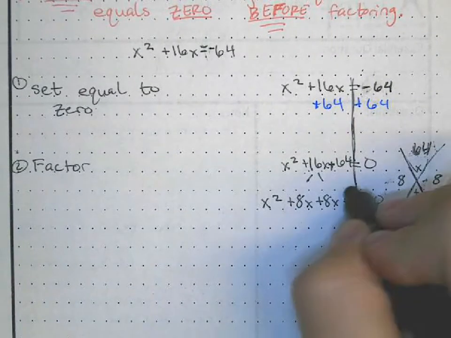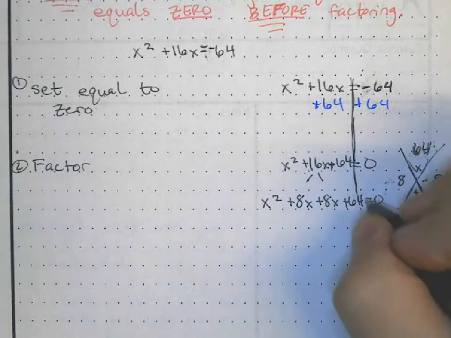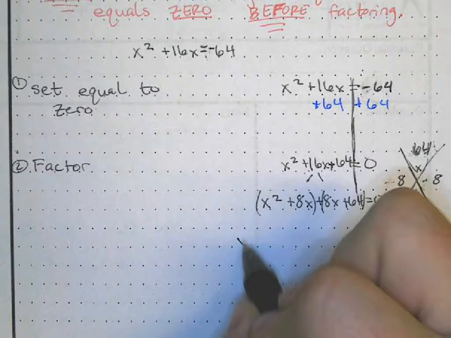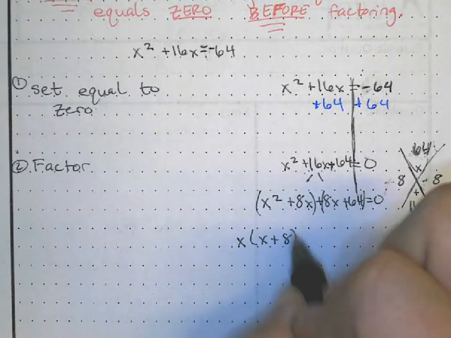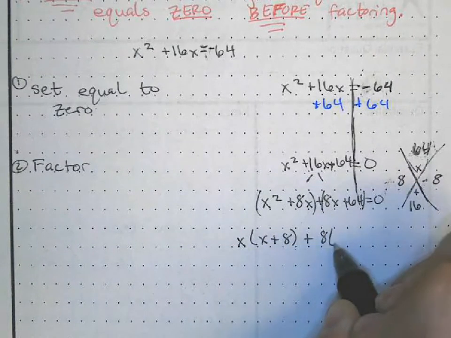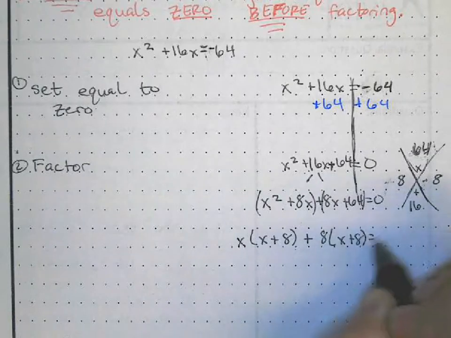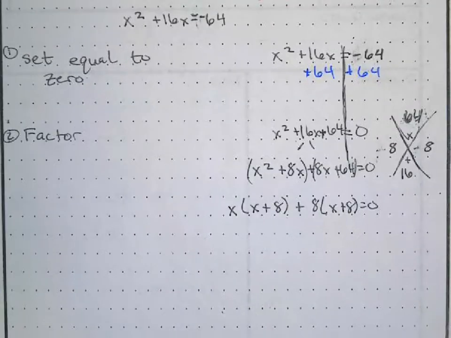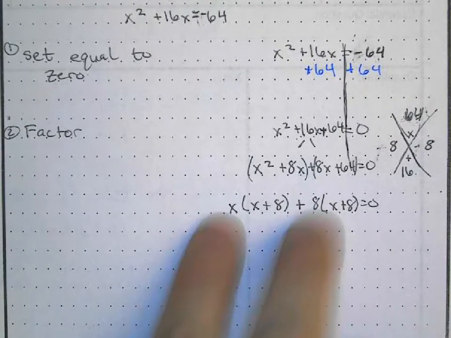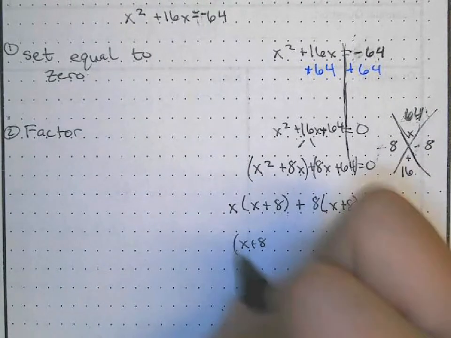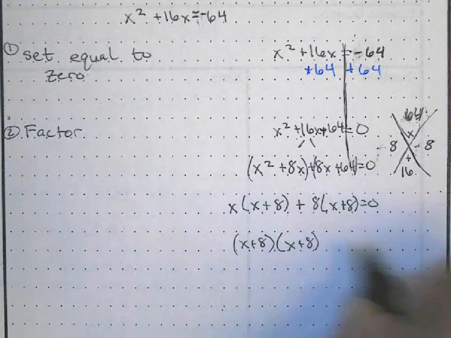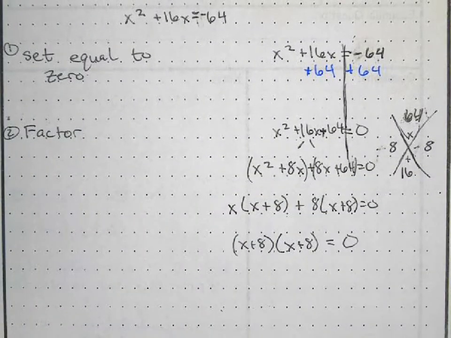Now we're just factoring by grouping. And I get x times x plus 8 plus 8 times x plus 8. So we'll bring our x plus 8s together. Then I bring my x plus 8 down, and we get that equal to 0.